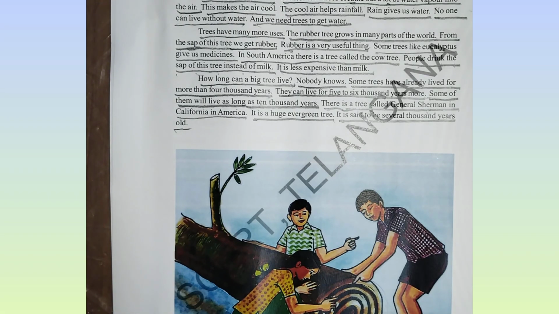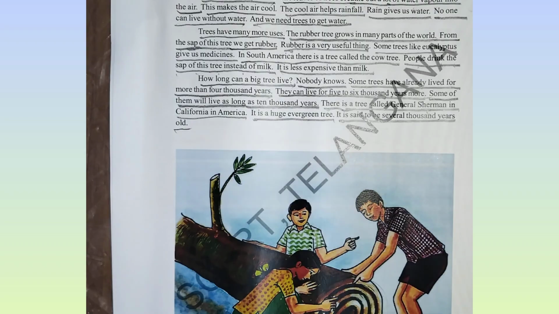General Sherman is commonly referred to as the largest known living single-stem tree on earth by volume, which is located in Sequoia National Park in California. It is estimated to be 2200 to 2700 years old and was named in 1879 after the Civil War.